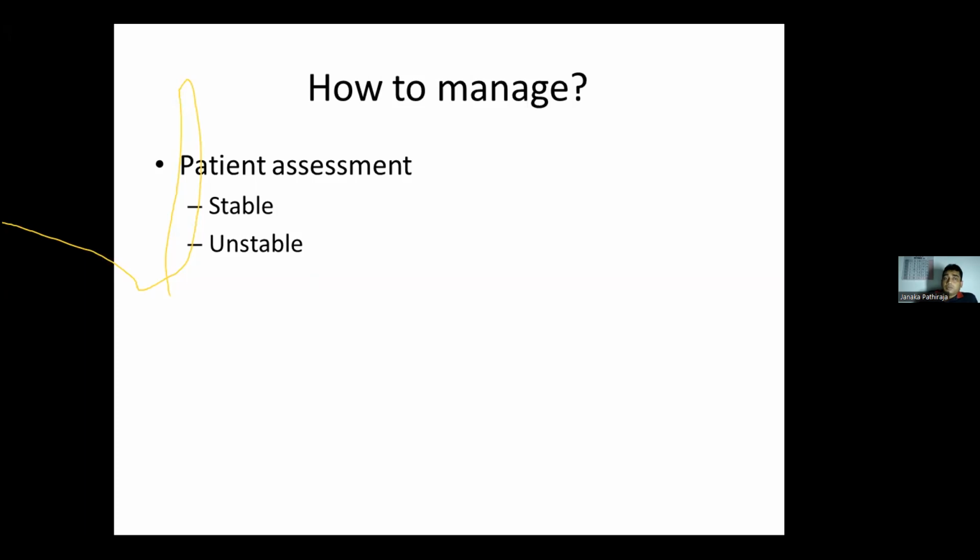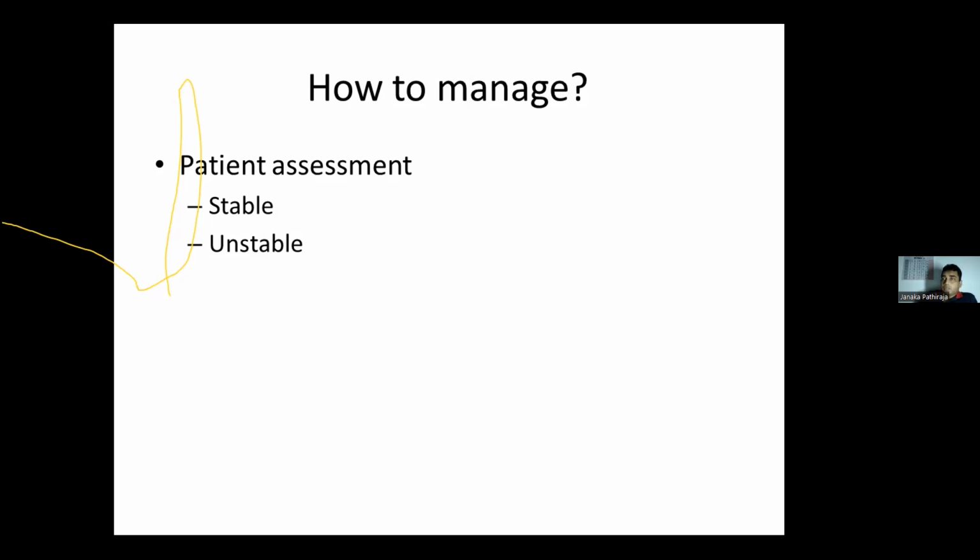Those are the main parameters you can assess. If those things are there, you have to be careful because the patient is hemodynamically compromised due to bradycardia. So you don't have much time, you have to act quickly, right? This is an emergency. Otherwise the patient might go into trouble.